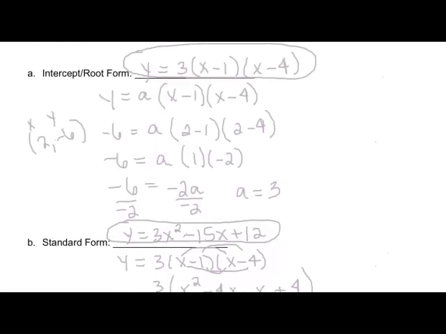So we can use that to get our vertex, and then we can just plug that into our equation. So again, either way would work. If you feel comfortable with completing the square and you want to use that, that's fine. If not, you can use x equals negative b over 2a, and that will get you a vertex to plug into vertex form.